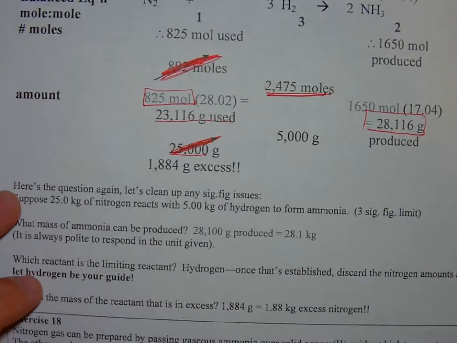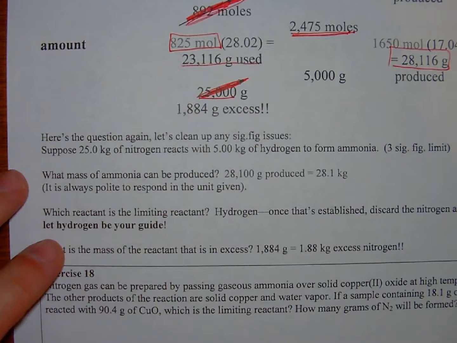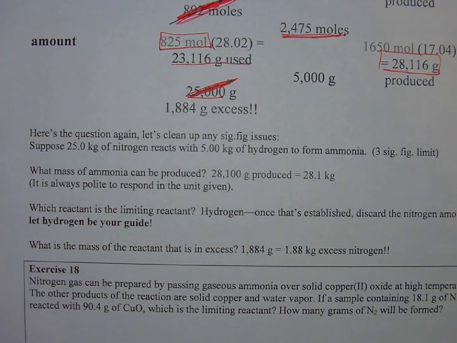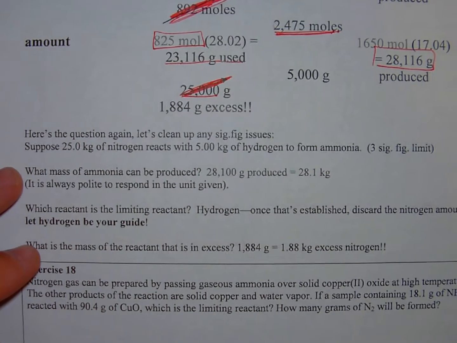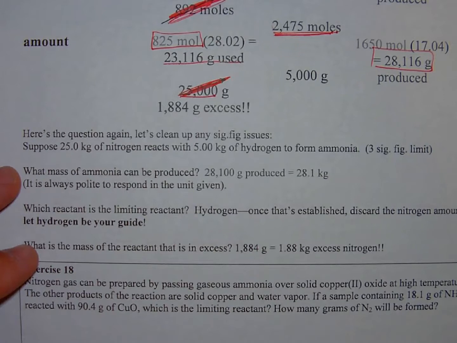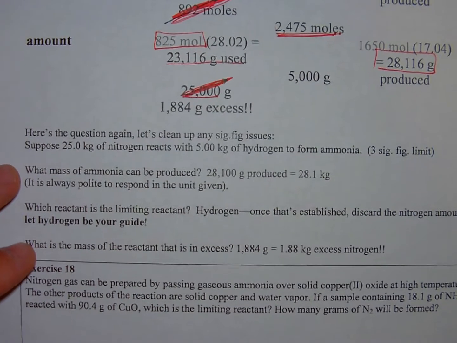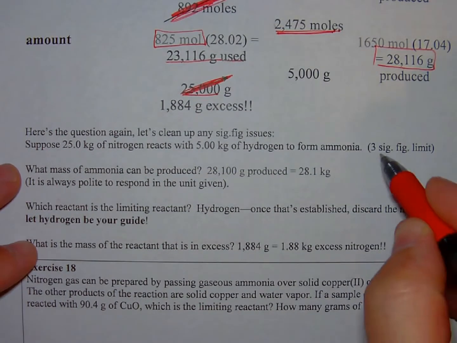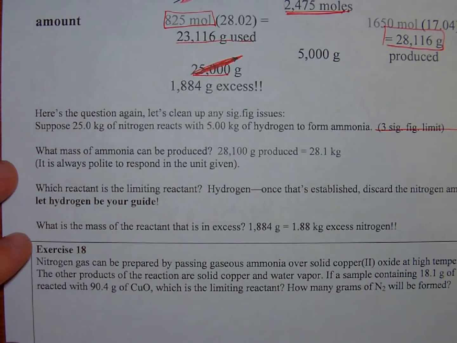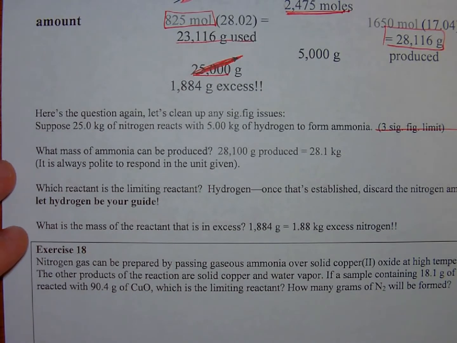So let's visit the question again to clean it up here. Suppose 25.0 kilograms of nitrogen reacts with 5.00 kilograms of hydrogen to form ammonia. You should see that we're using 3 significant figures here. What mass of ammonia is produced?